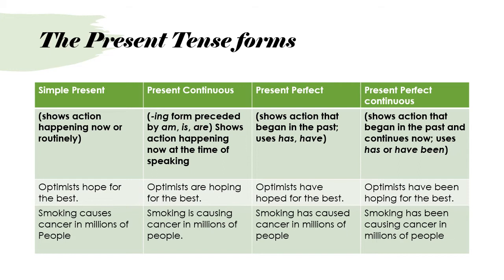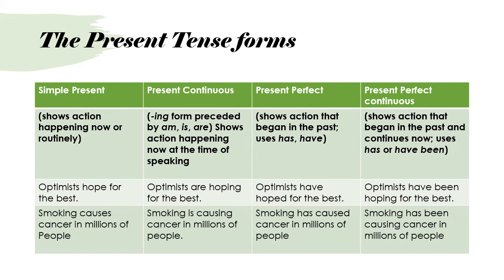perfect continuous. Now simple present shows actions happening now or routinely. So these are some actions which always happen. For example, optimists hope for the best. Smoking causes cancer in millions of people.